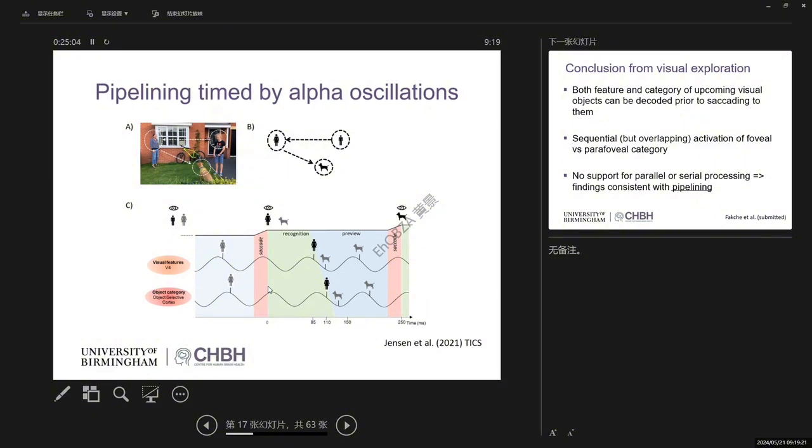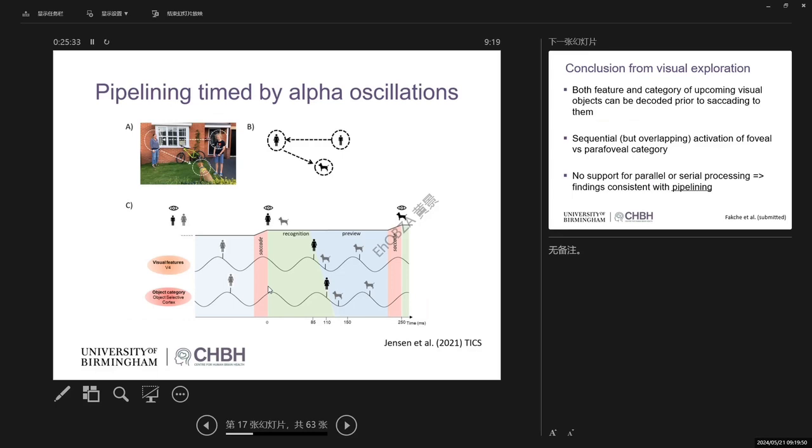This feature processing is sequential, and the category processing is sequential, but nevertheless, there's pipelining going on. So while the category of the woman is being processed, the features of the dog that you're processing is going on at the same time, right? So this is what we mean by pipelining.